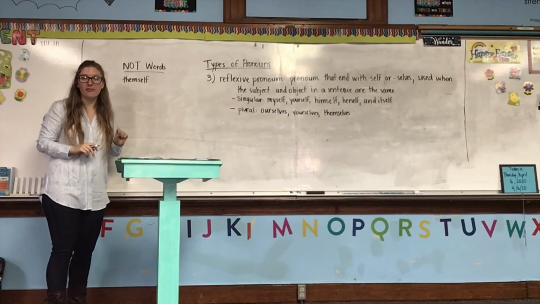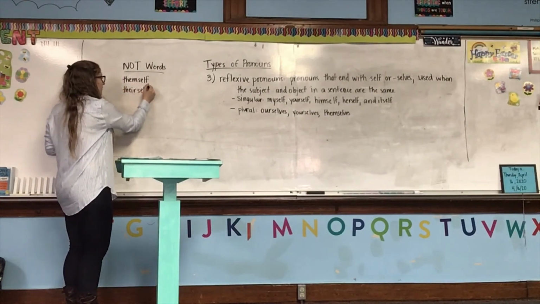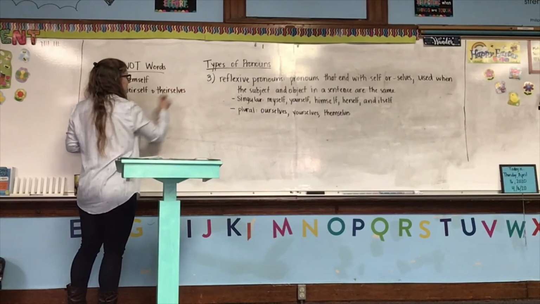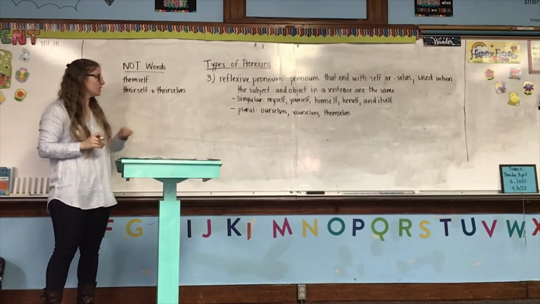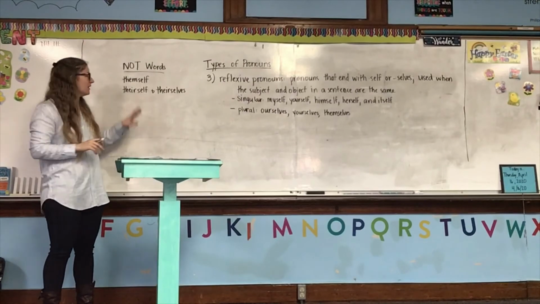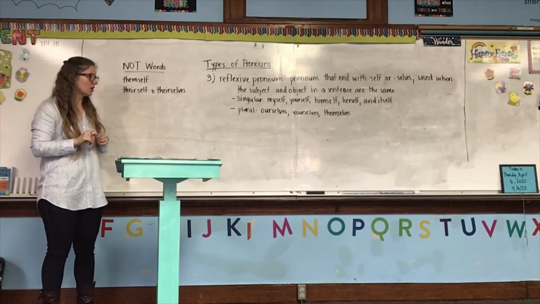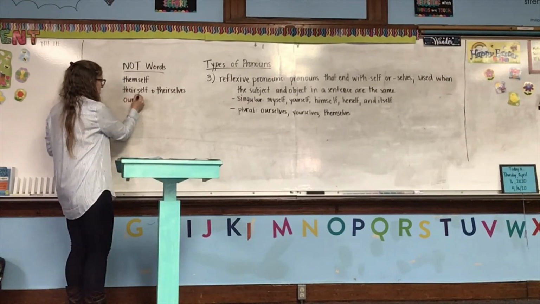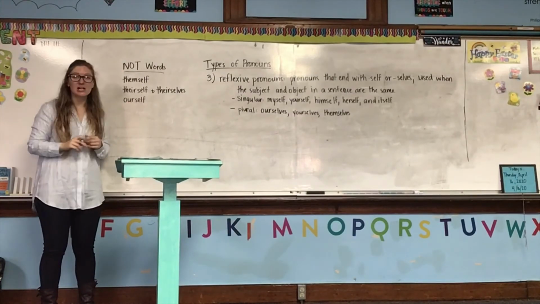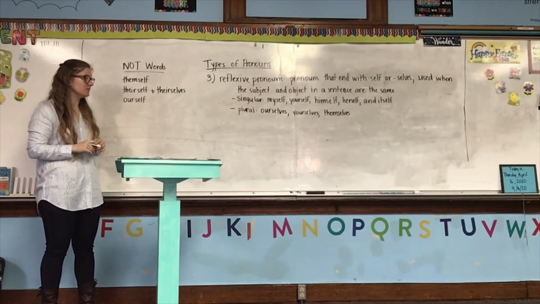So all by themselves is not a word. Their self and their selves is not a word. You would use themselves or itself or herself or himself. Themself, their self, and their selves are not words. Ourself is not a word because our is plural, so you have to use the plural form of self, ourselves.